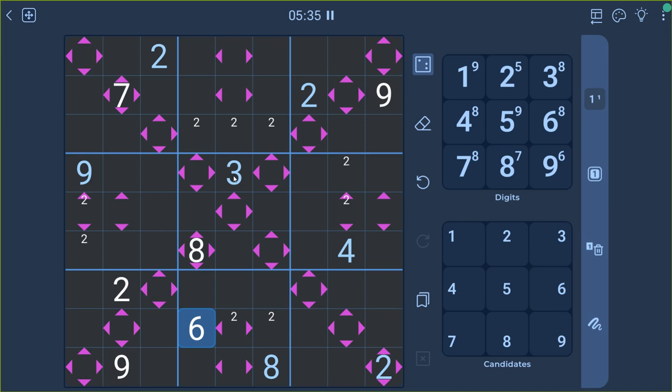See if there are any other numbers we can put in quite easily with this rule. Just looking at the numbers that are already there.